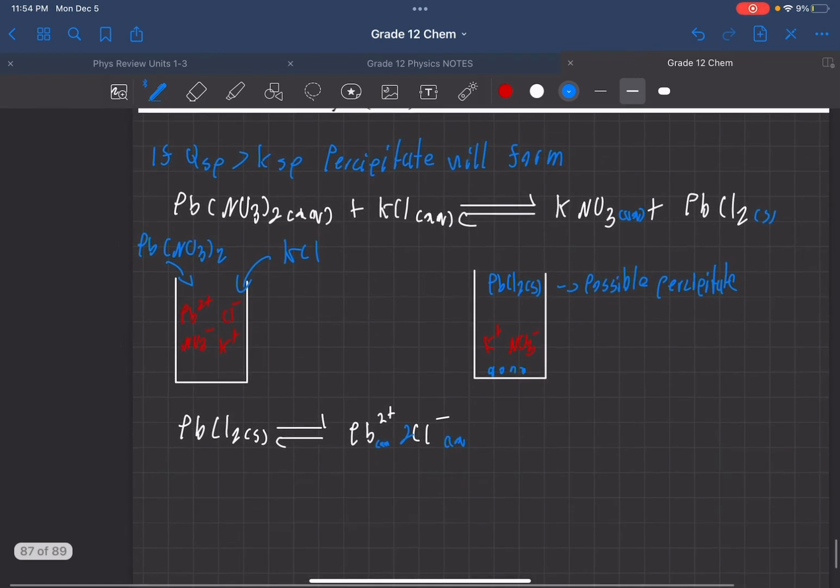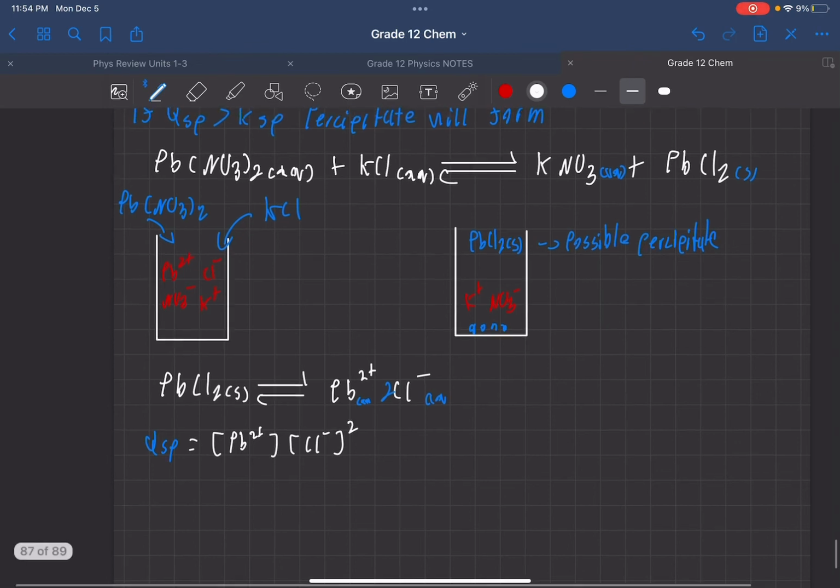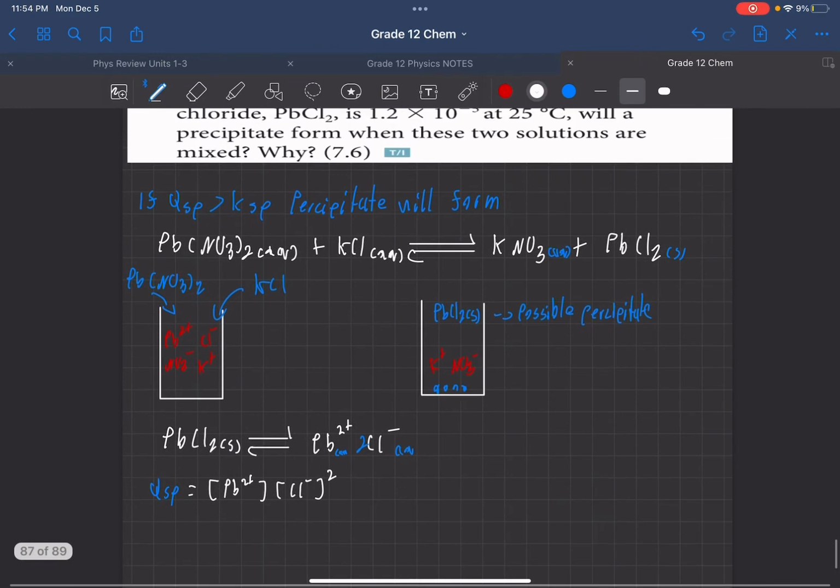Okay, so QSP, just a product constant, right? We don't need the reactants, so that is just Pb2+ times Cl- raised to its stoichiometric coefficient. So that is our QSP.